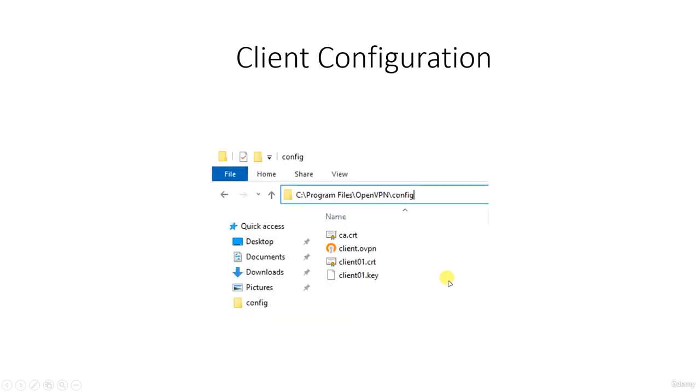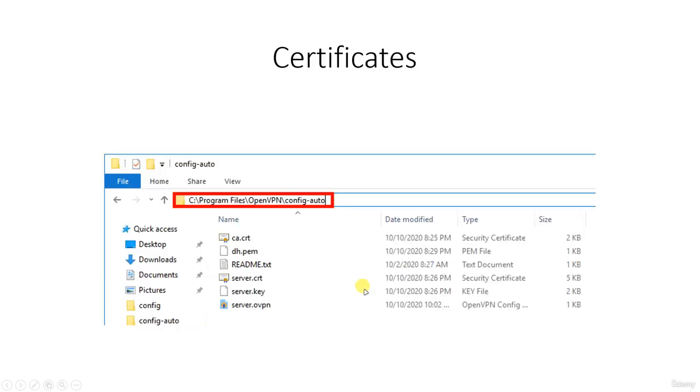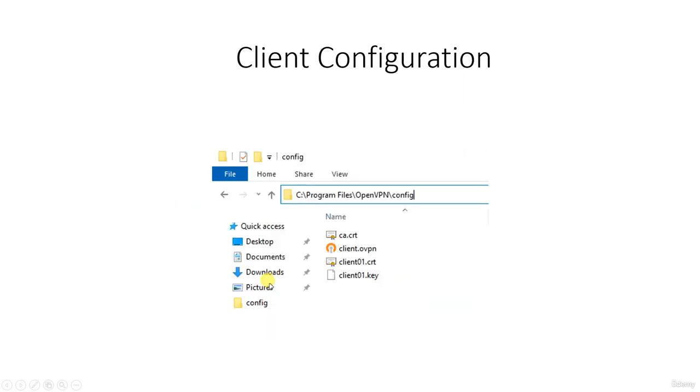These are the files that we need to copy to this config folder: ca.crt, client01.crt and client01.key. These are the files you need to copy from your server. All these files are in here, as you can see. Make sure you click copy and paste them in this directory.